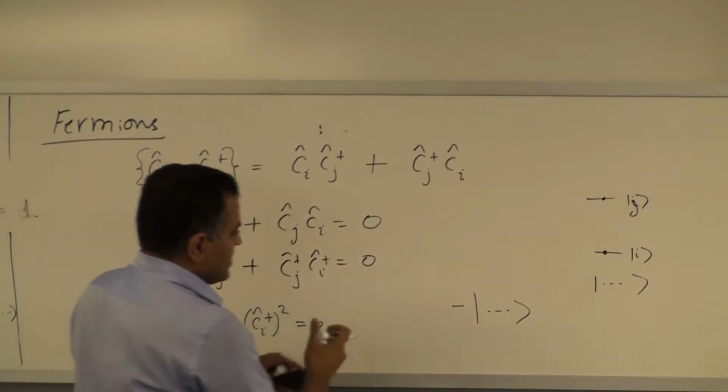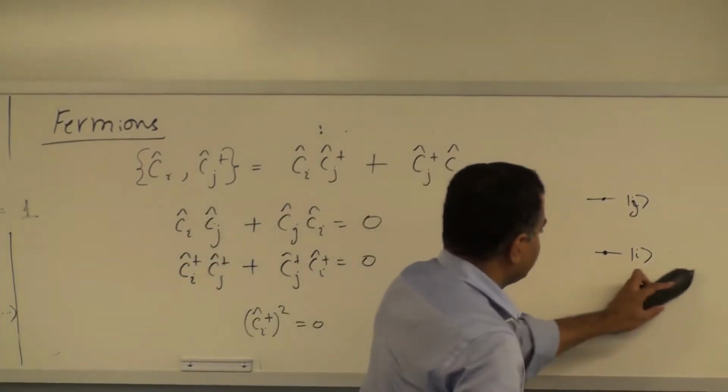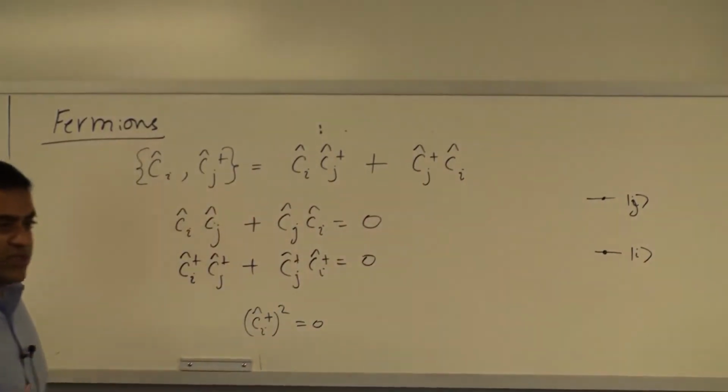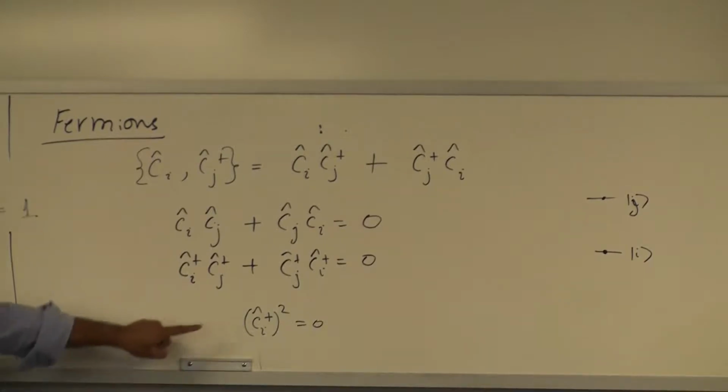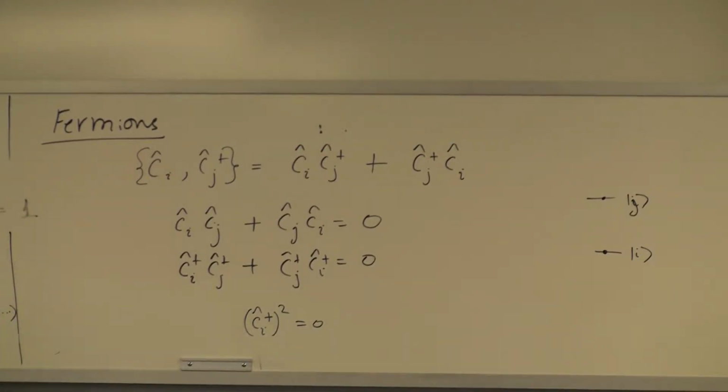And that means, and this is the Pauli exclusion principle, that I can't put 2 particles in the same orbital. And this is guaranteed in this mathematical formulation. So you don't have to build it in by hand. If you accept this mathematical formalism, it is built in from the get-go, from the beginning.